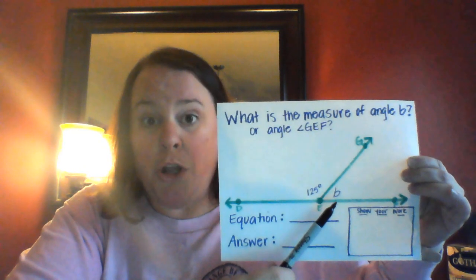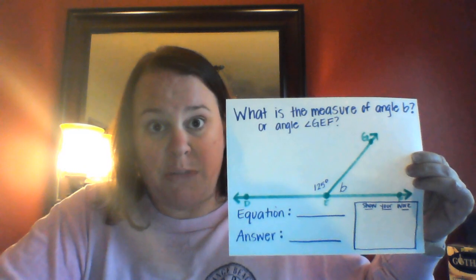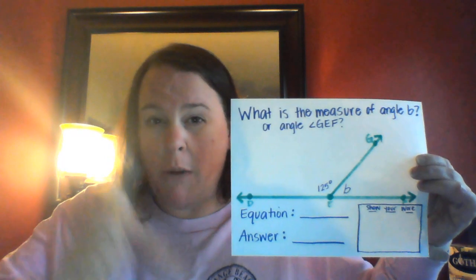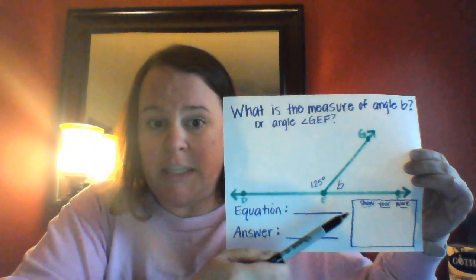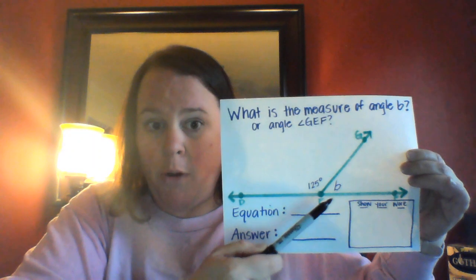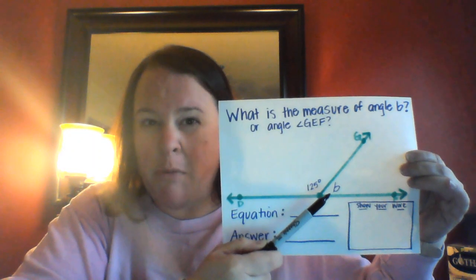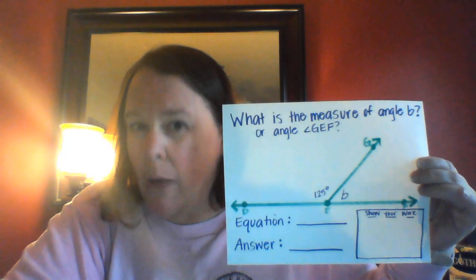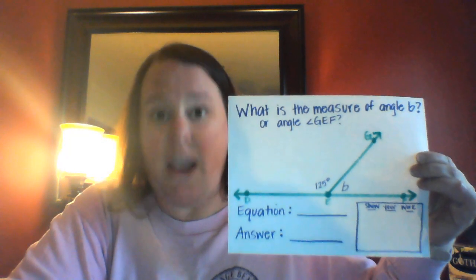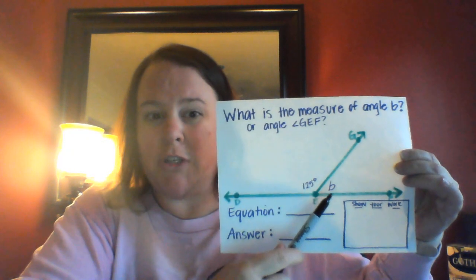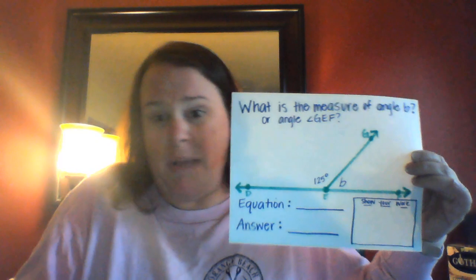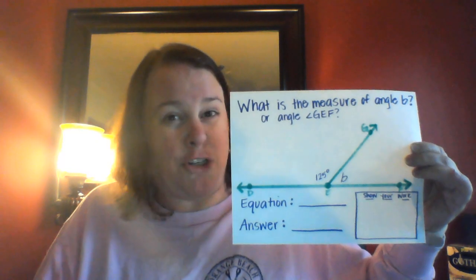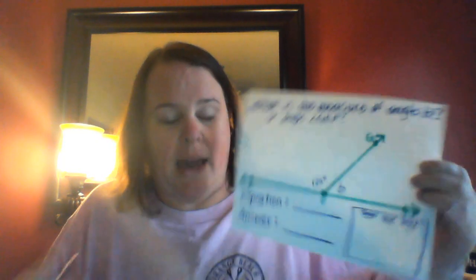We're going to use addition and subtraction to solve these problems, but we're always going to start with an equation. In this problem, we're solving for B. Remember, letters in math are called what? That's right, variables. So we're solving for the unknown B. We don't know the measurement of angle B, and we've got to figure that out.